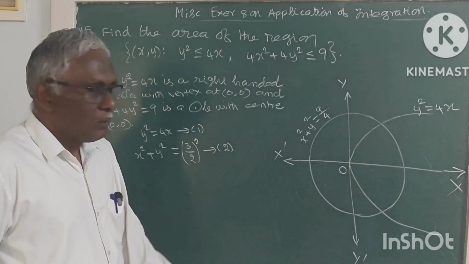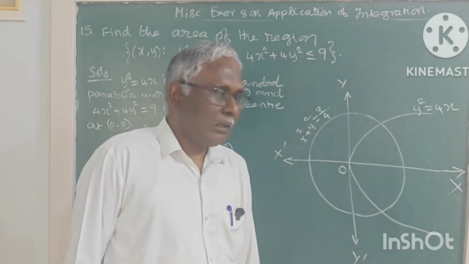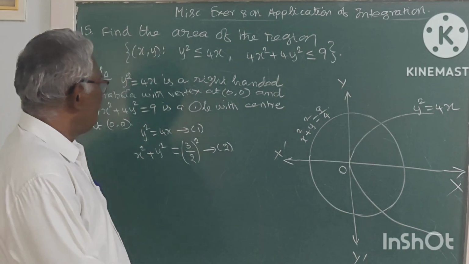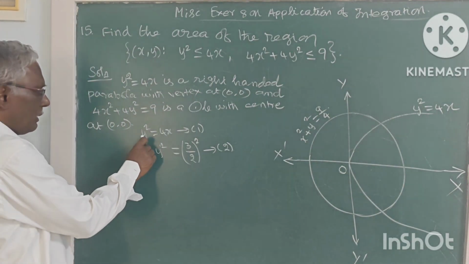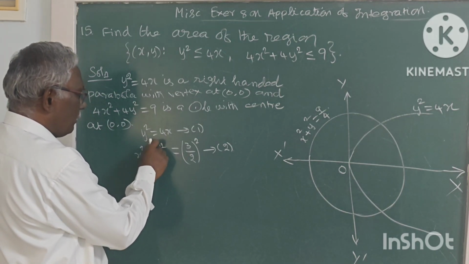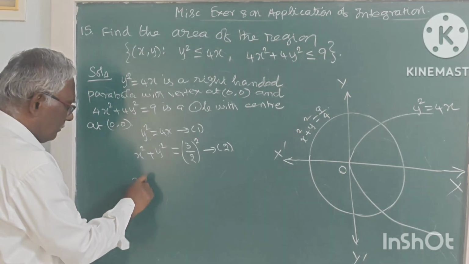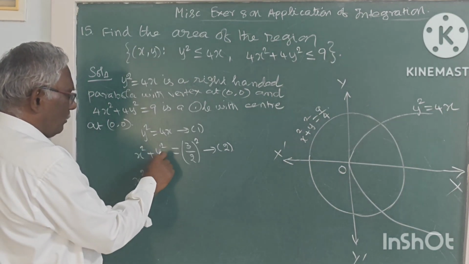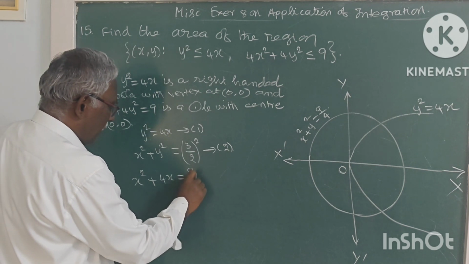Now, to see where the parabola intersects the circle, we have to solve equations 1 and 2. So y² = 4x; in x² + y² we can put 4x for y². From 1 and 2 we get x² + 4x = 9/4.